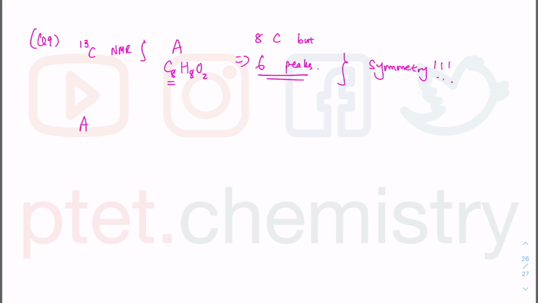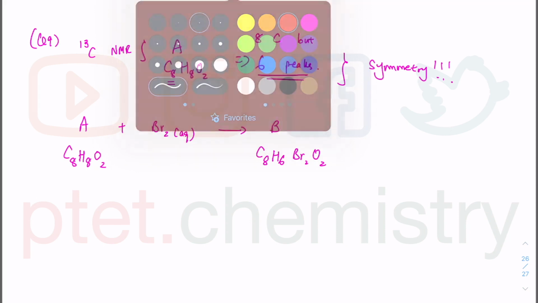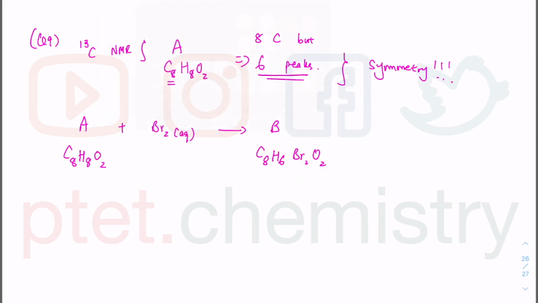Information: A reacts with bromine water. Bromine water means aqueous bromine, and you get B, which is C8H6Br2O2. So A previously was C8H8O2. You can hopefully see that this is addition. This is an addition because 2 things become just 1 thing. The number of carbon remains the same.